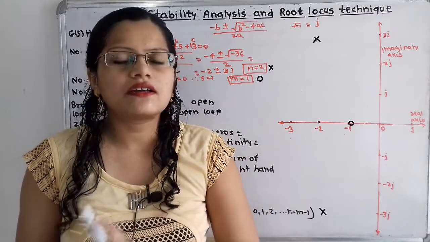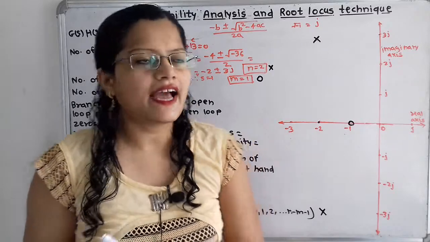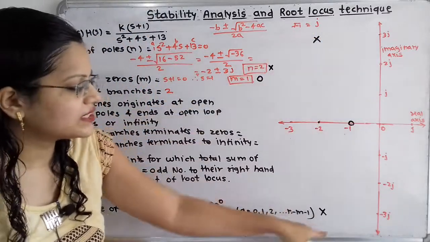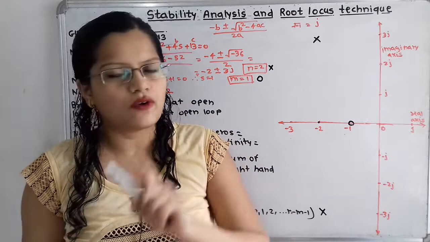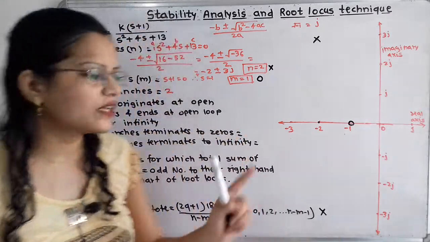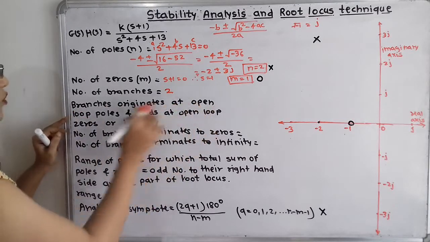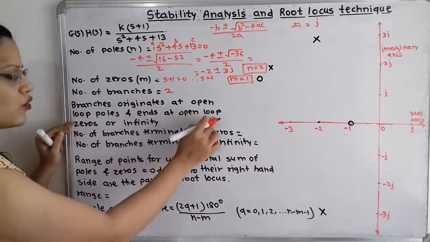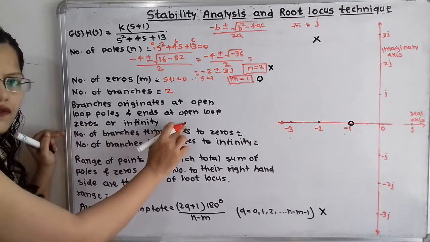So the remaining branch will terminate at infinity. So for this graph, one branch will terminate at the open loop zero and the other branch will terminate at infinity. So we have to write this: branches originate at open loop poles and end at open loop zeros, and the remaining branches terminate at infinity.